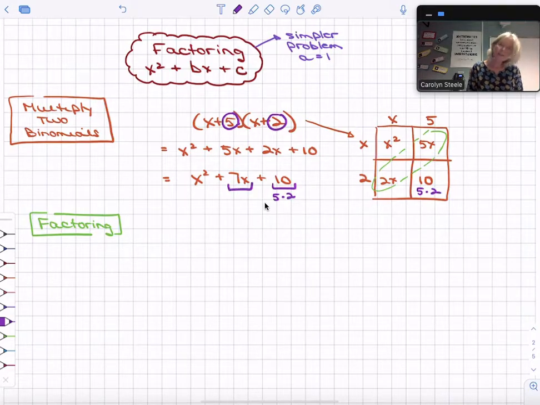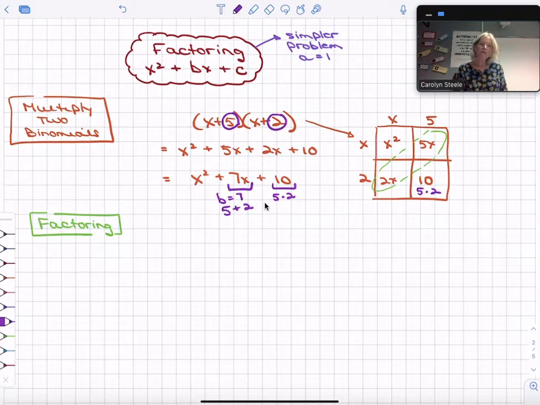And to get 7x, where b is equal to 7, it was 5 plus 2. Interesting. Is this reminding you of anything about finding two numbers whose product is one thing and whose sum is something else? All right, so now that we see a little bit more about working forwards, distributing, multiplying two binomials, let's do the same thing but backwards.